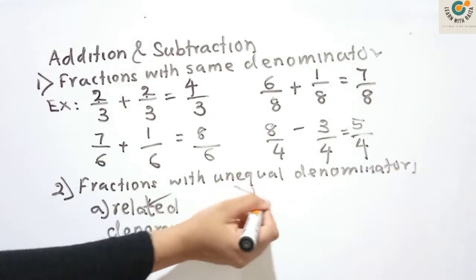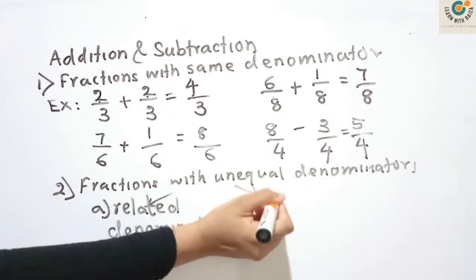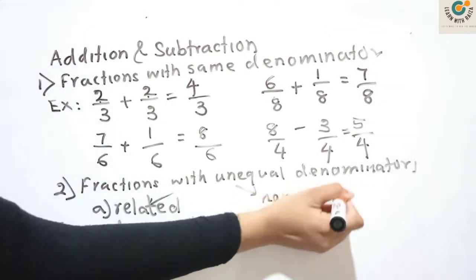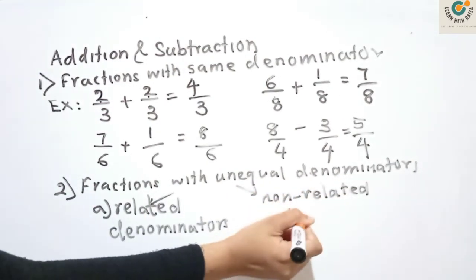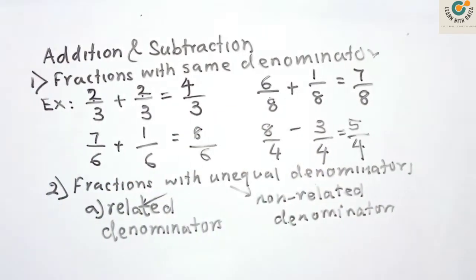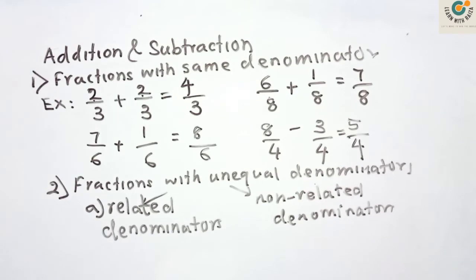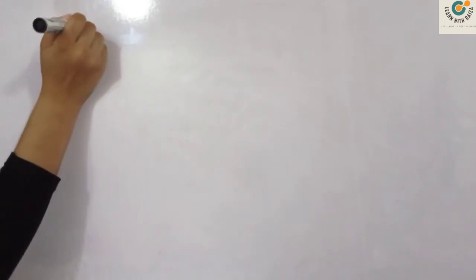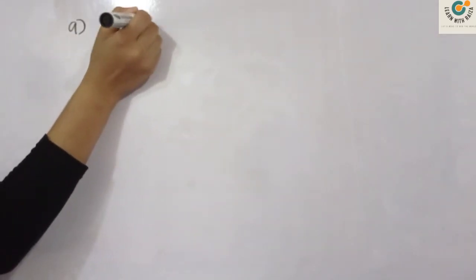The other thing is, if this is related, this will be non-related denominators. That means, if you are given two fractions to be added and subtracted with related denominators, and two or more fractions with non-related denominators, how do you do that? Let's see. So, the first one is related denominators.